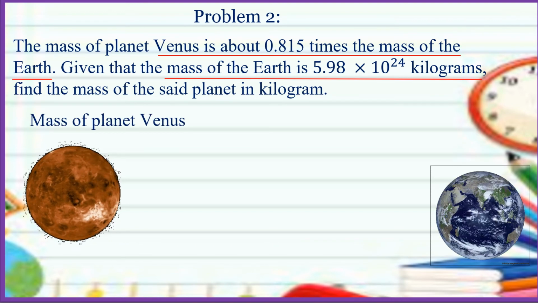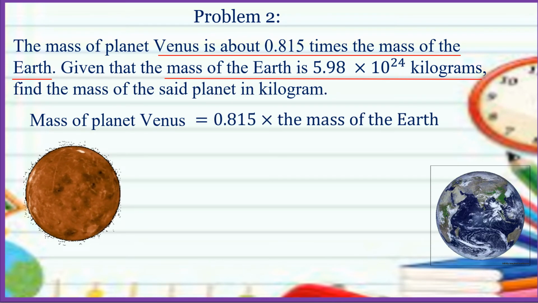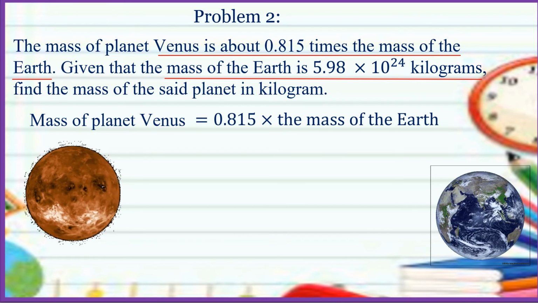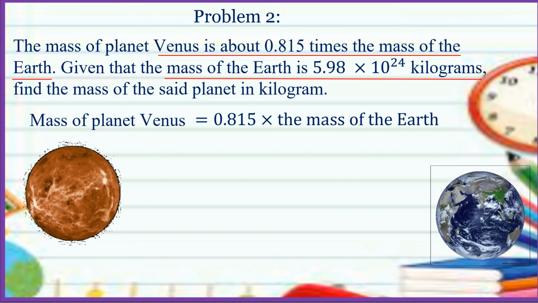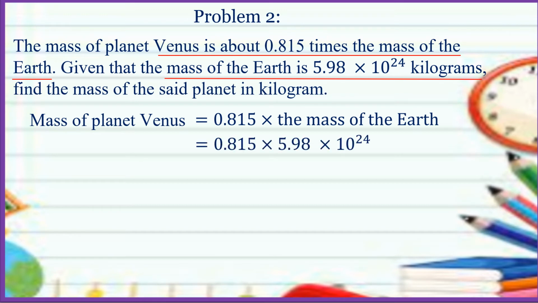So therefore, to find the mass of planet Venus, we are going to multiply 0.815 times the mass of the Earth. Substituting the value of the mass of the Earth, we will be getting 0.815 times 5.98 times 10 to the 24th.